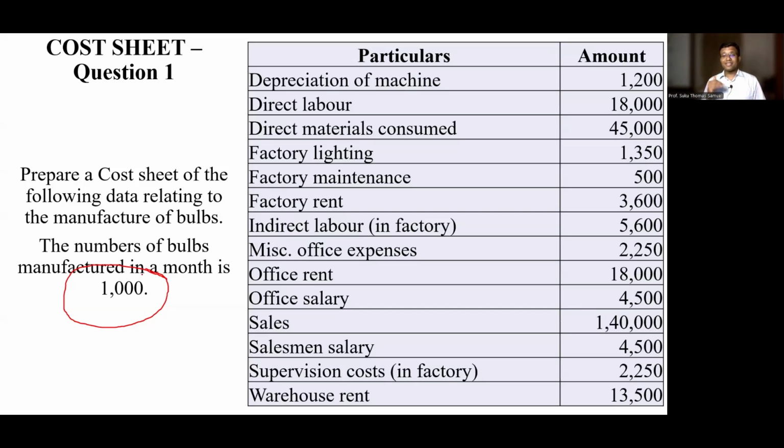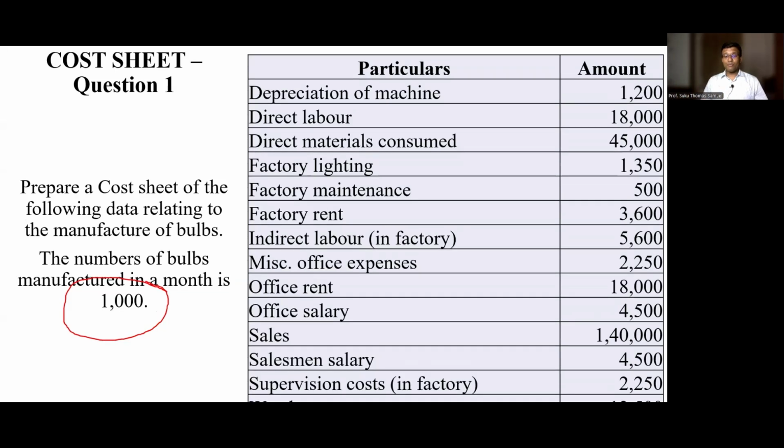For this, the various expenses have been given to us. The moment we get a question like this, the first thing that we need to be doing is understand where exactly these elements of cost would be falling, and depending on that, we would have to see which division of cost each would fall under.